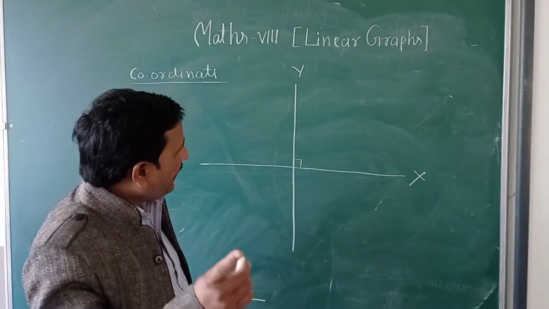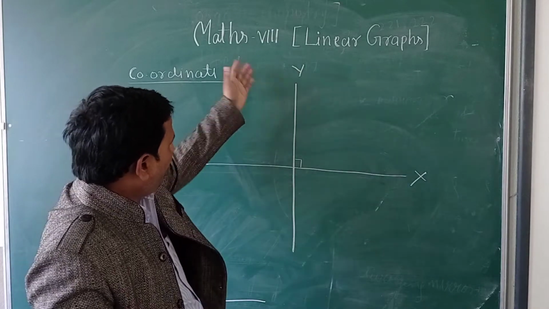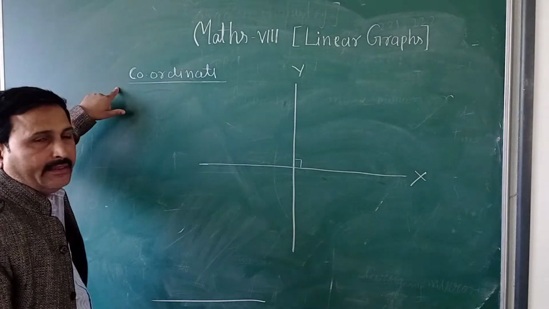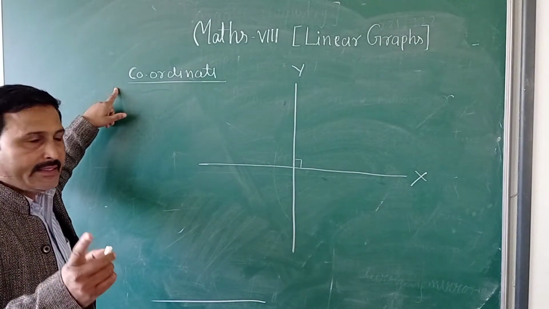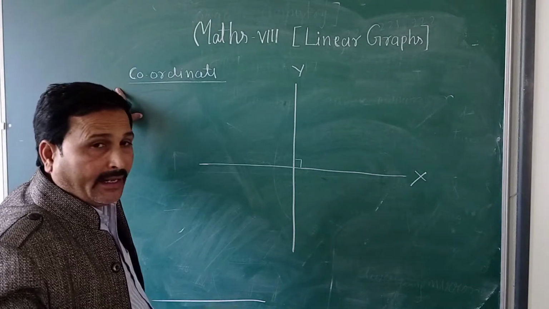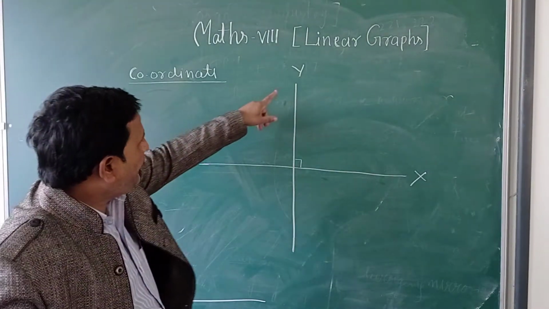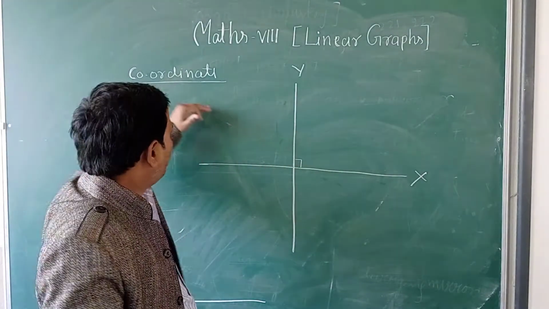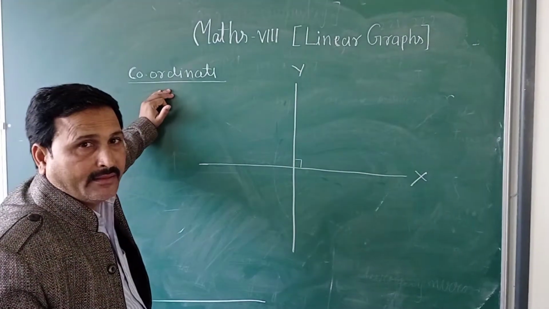The location of a point along the x-axis and y-axis, abscissa and ordinate, is known as coordinate.